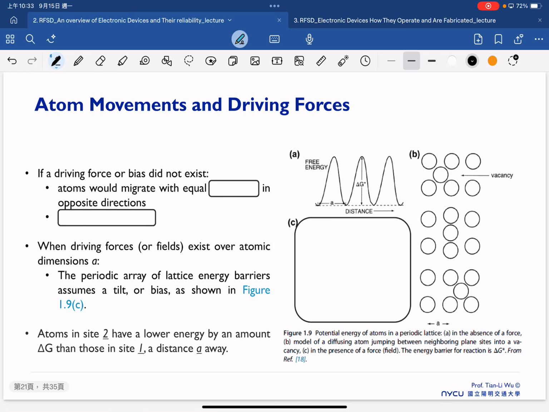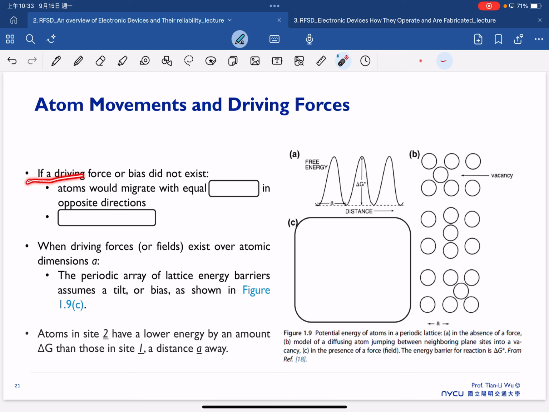Okay, so now back to our original question. What we actually want to see is the Alton movement, and we want to understand, if we want to see one Alton move, what the condition is that can trigger this move.